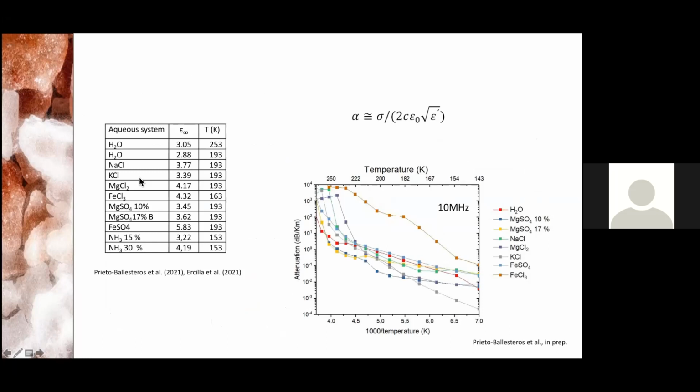Before making measurements at high pressures, we run experiments at 1 bar to compare with literature and to have novel data of some of these systems. And we already made this investigation for these systems. When the concentration is not mentioned, it means it is at the eutectic composition. So with the permittivity and the conductivity, we calculate the attenuation of the radar wave.